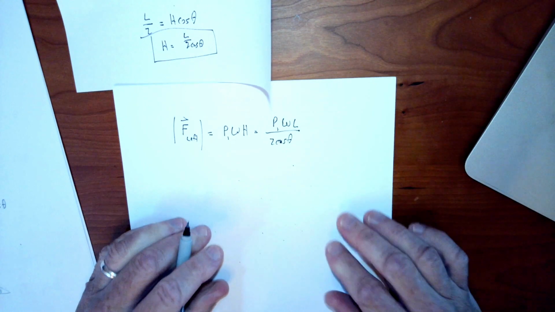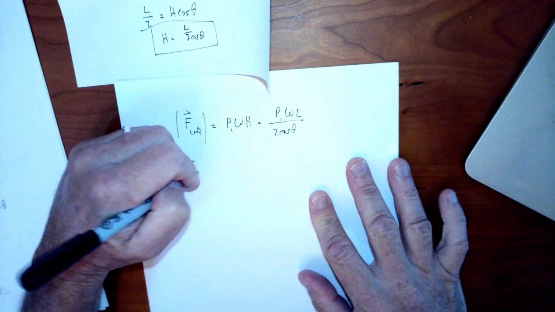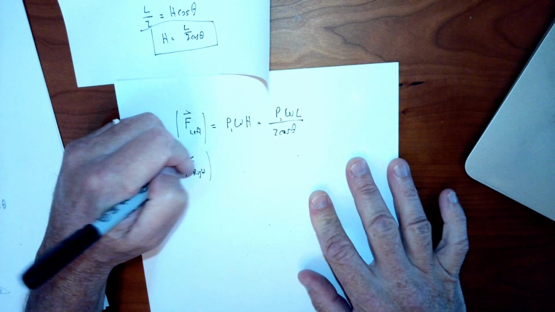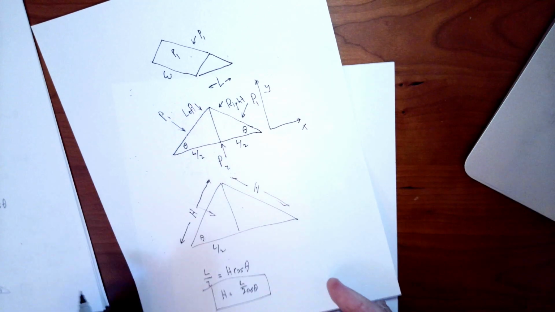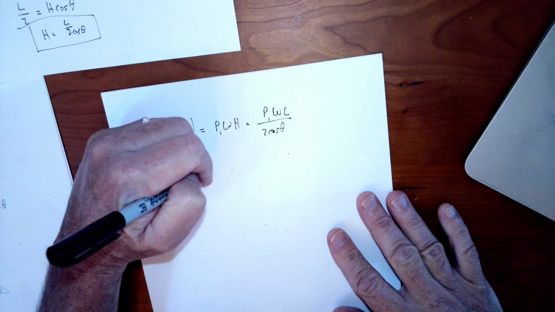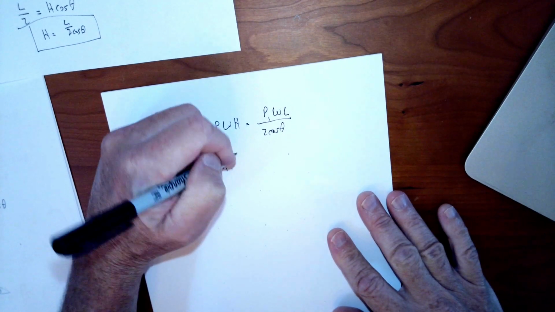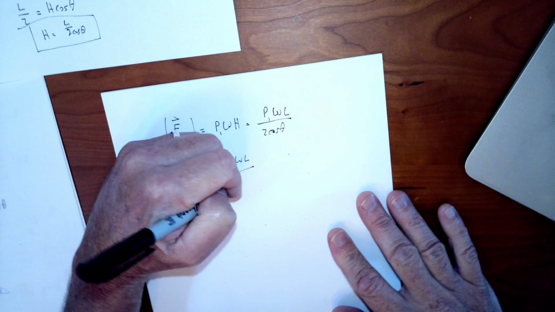So that's our magnitude of force on the left. The magnitude of force on the right is going to be the same, and I hope you see that. It's the same length H, and so the magnitude will be the same. So we have the same magnitude on the left and the right. So it's also P1 W L over 2 cosine theta.